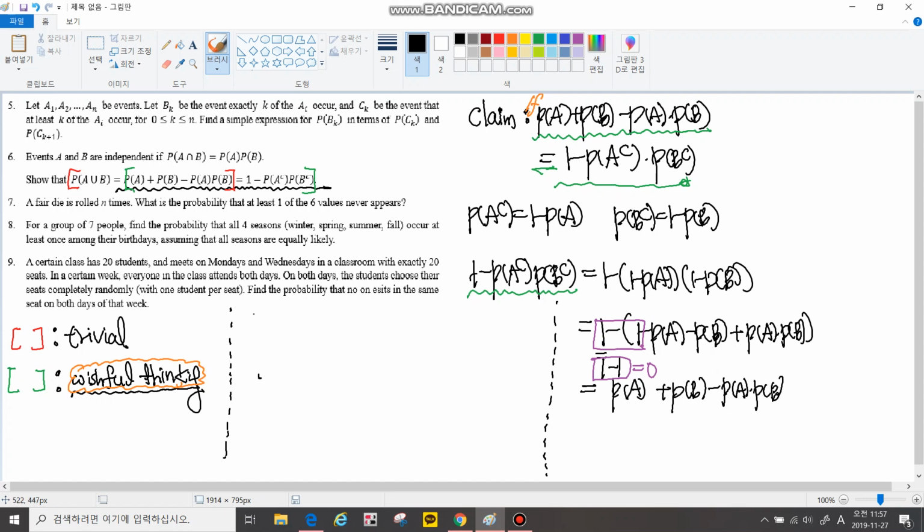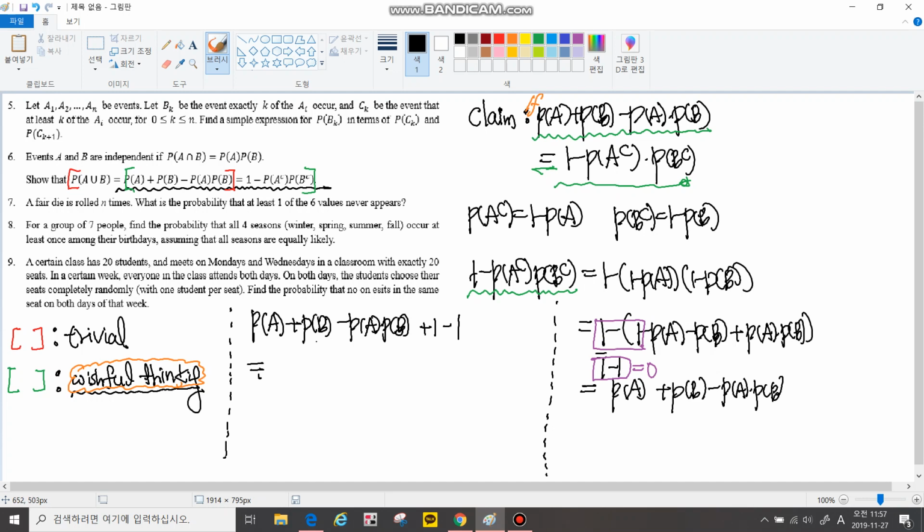Let's just see that then, if that is true. This is, again, done by wishful thinking. So this is the only difference between the left-hand side and the right-hand side. Therefore, we need to add 1 and then subtract 1, right?